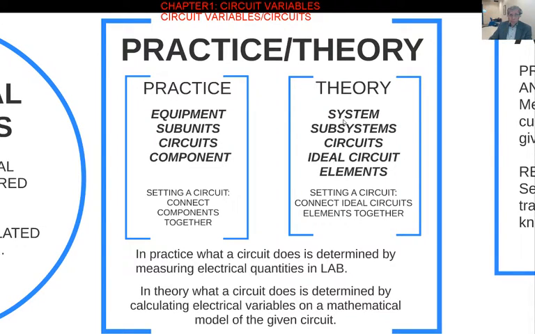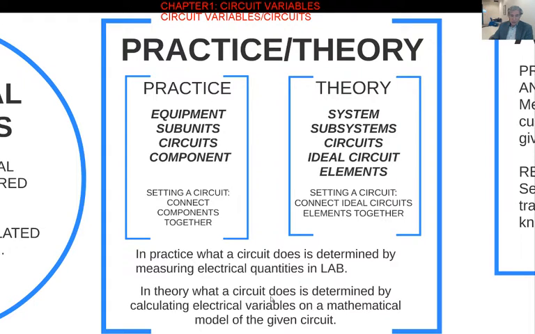So this aim is what it does. So we can understand whether it does something about the aim. We can determine it by measuring the electrical quantities in lab. These electrical quantities, once again, are current and voltage.